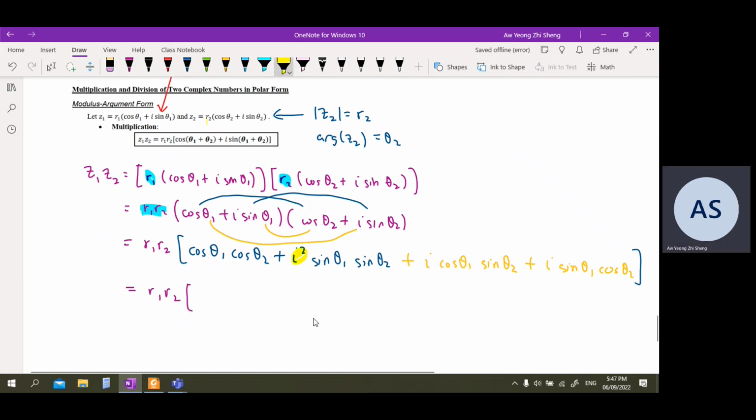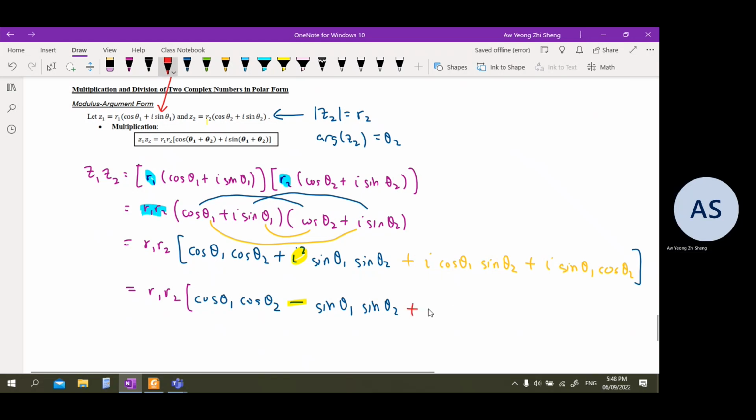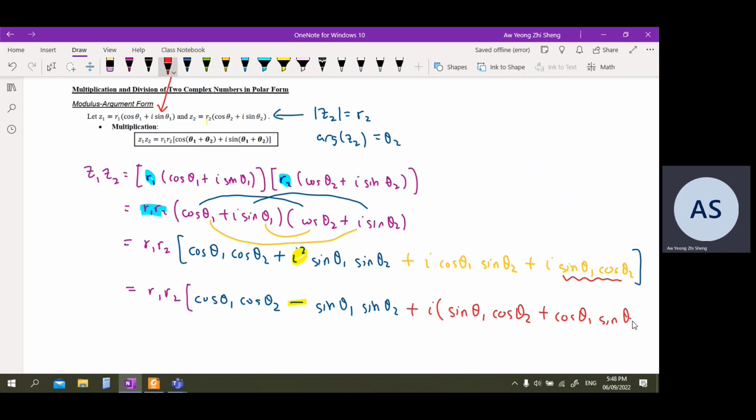Next, i squared, I will replace it by -1. Cos theta 1 cos theta 2, i squared becomes a negative sine theta 1 sine theta 2. While for the other terms at the back, I will just factor out the i and move this term to the front. I write sine theta 1 cos theta 2 plus cos theta 1 sine theta 2.